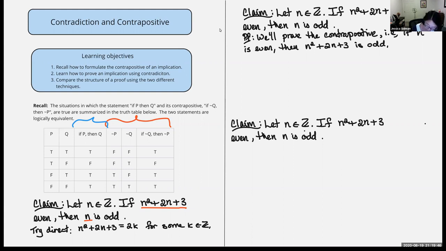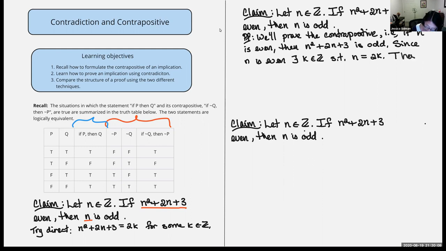Okay, so now I can say since n is even, there exists an integer k such that n equals 2k.